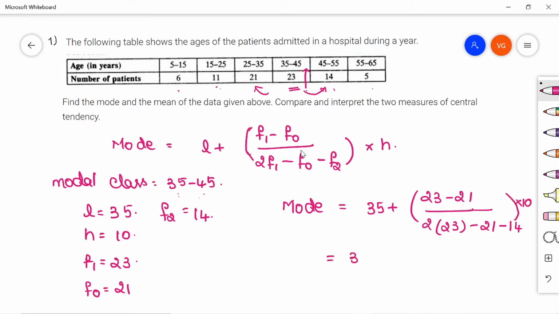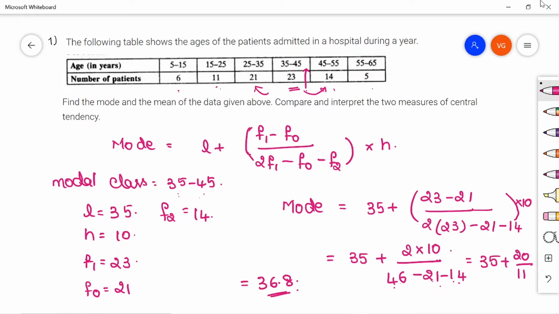That is equal to 35 plus 2 divided by, if you solve this, 46 minus 21 minus 14, multiplied by 10. So that is equal to 35 plus 20 divided by 11. You will get 36.8. So the mode of the given data is 36.8.